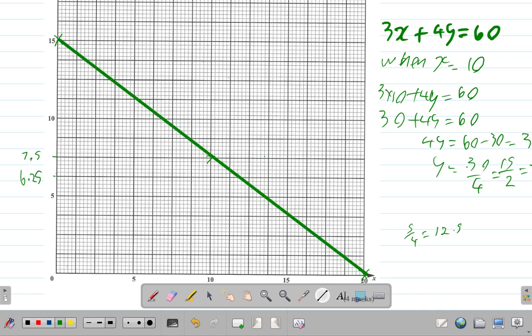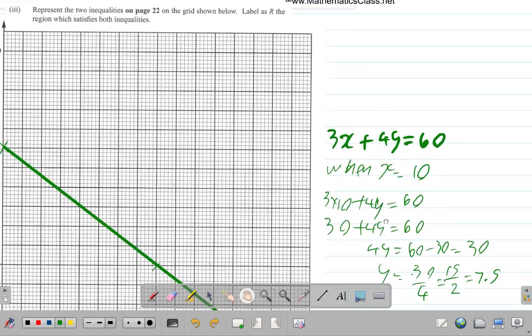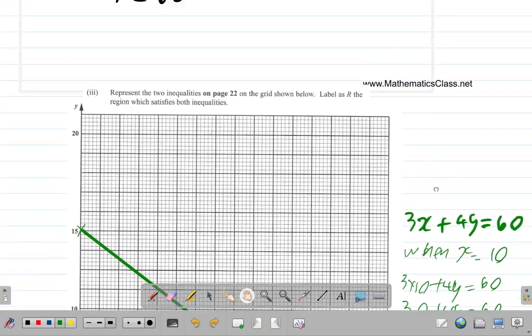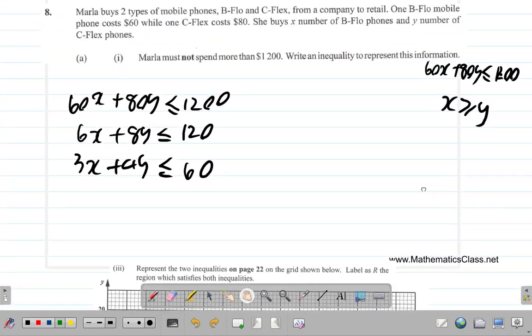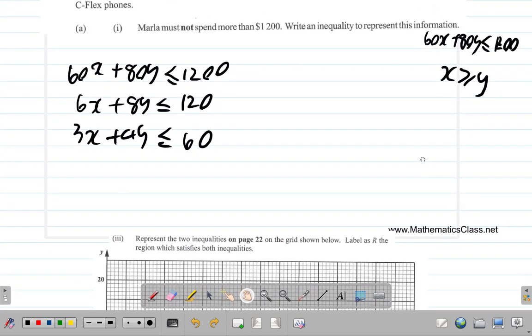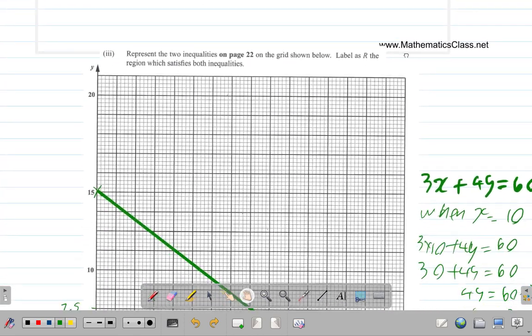Alright. But anyway, what happened here? The line passes through, so that's true. In an exam, you don't really need to plot a third point, just plot 2 points. But we have all the time in the world, we have the whole day to work it out. But that inequality is really 60x plus 80y less than or equal to 1200 dollars.